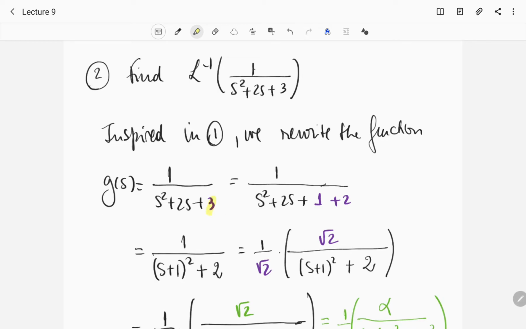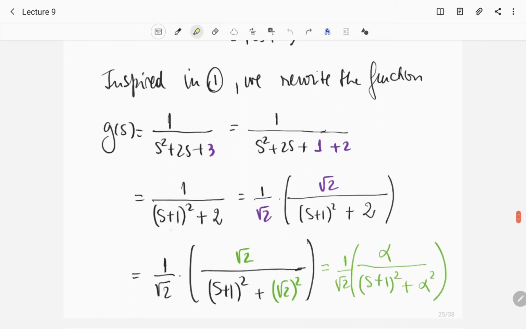This 3 we can split into 1 plus 2, which gives us this other expression for g, s plus 1 squared plus 2. And this is quite similar again to alpha over s squared plus alpha squared, but with a shifting.